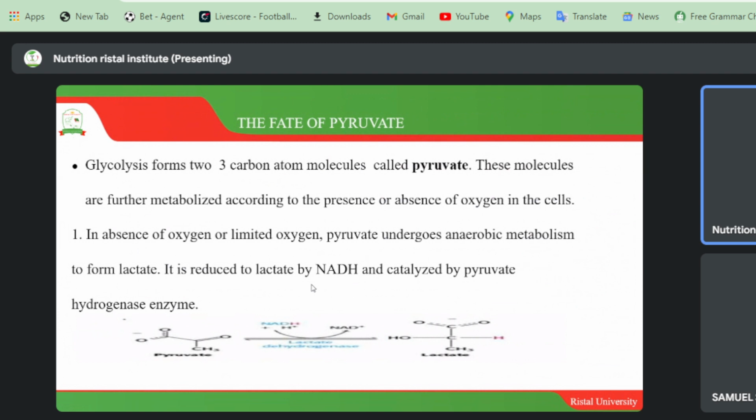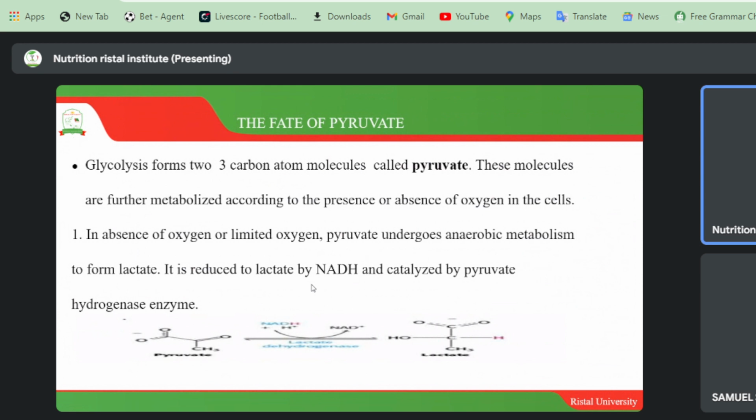What happens in the absence of oxygen or limited oxygen in your body is that pyruvate will undergo anaerobic metabolism to form what you call lactate or lactic acid. So pyruvate here is reduced to lactate by NADH, and this reaction is catalyzed by the pyruvate dehydrogenase enzyme.